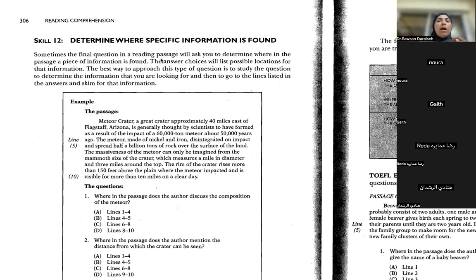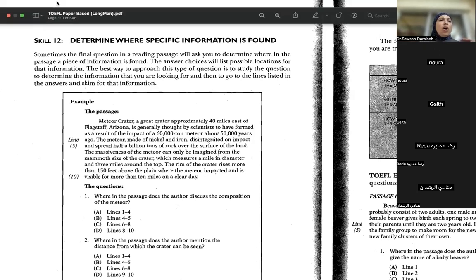Is the information, or is the answer to the question that is being asked. So, is this clear, guys? Determine means decide. Where, so which line, really, or lines? Certain information is found. All right, this is what the skill is all about.